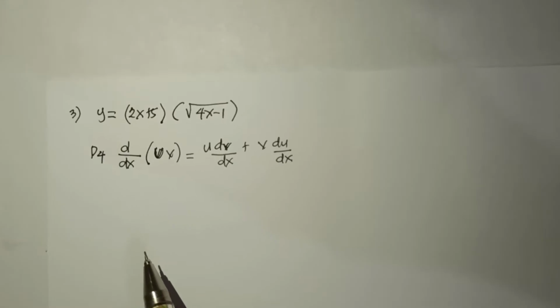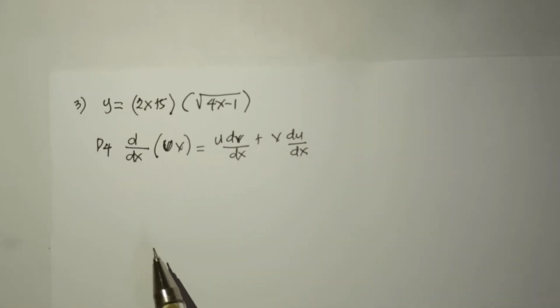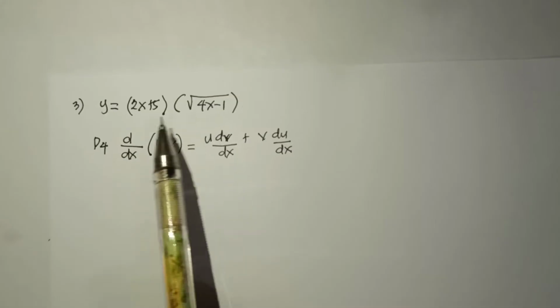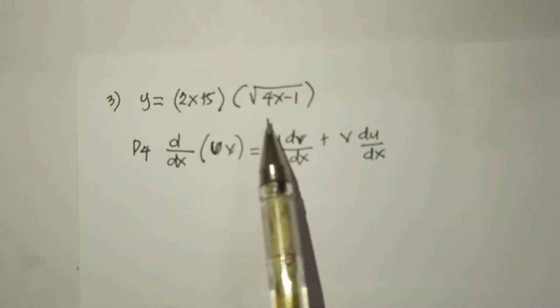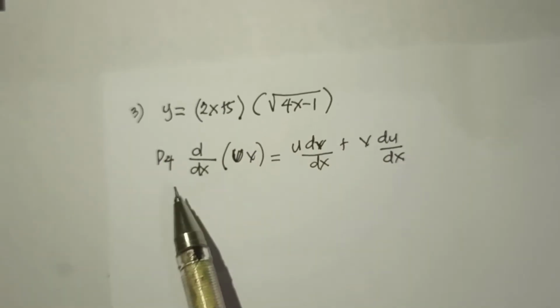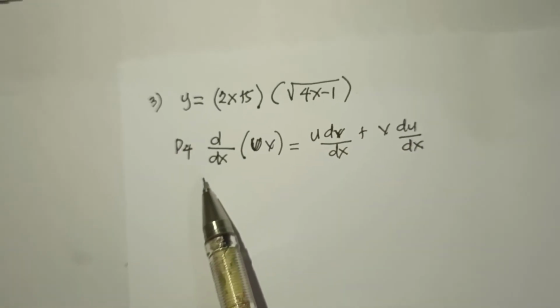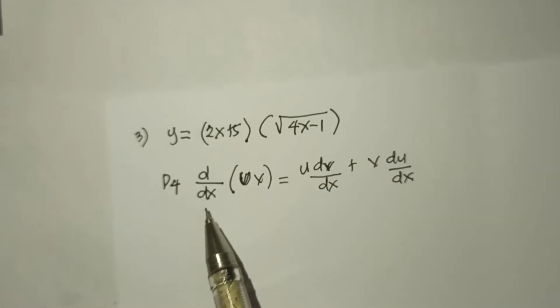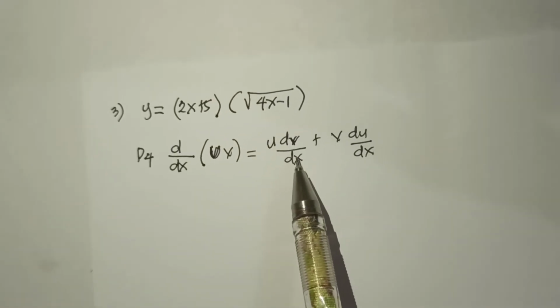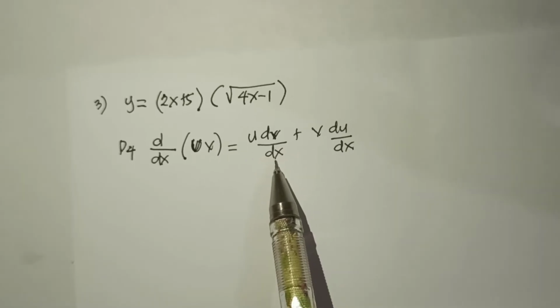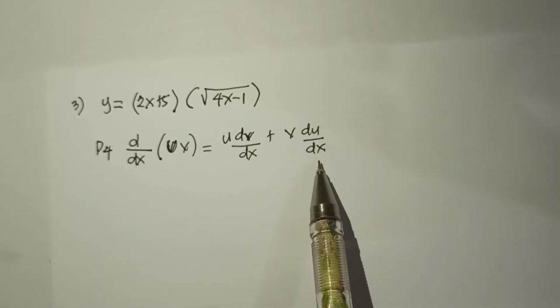Okay, so we are now in example number 3, where we need to find the derivative of the product of these functions: 2x plus 5 quantity times the square root of 4x minus 1 quantity. So we will have to apply D4, the derivative of the product: u dv with respect to x plus v du with respect to x.